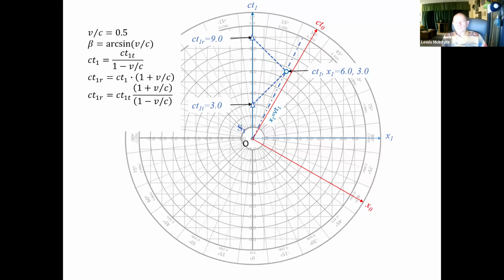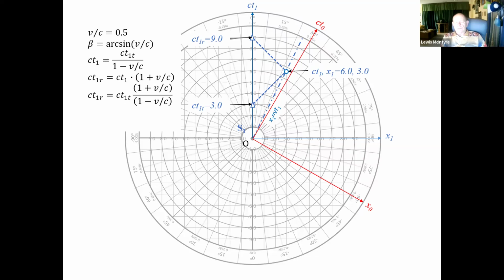What is the difference between the x1 equal vt1 trajectory in blue and her timeline in red? The x1 equal vt1 trajectory is the locus of successive measurements of Sally's position by Sam using his clock and ruler, what Hermann Minkowski called the world line. The world line is separated from Sam's timeline by the Minkowski angle mu.